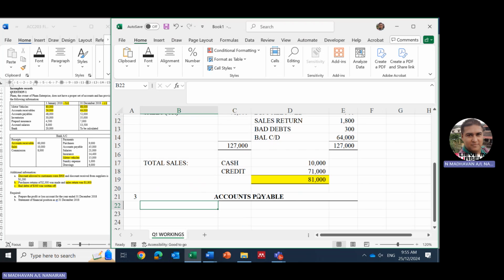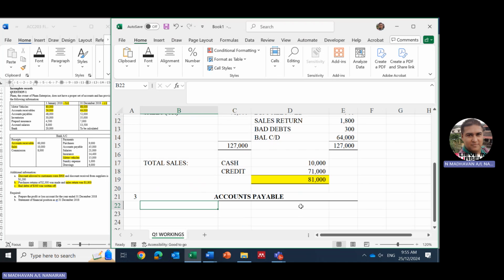Until where you all learned? Oh, you learn until statement of cash flow. Okay, good enough. Because no ratio. You learn until statement of cash flow. Okay, then good. Only you 302.